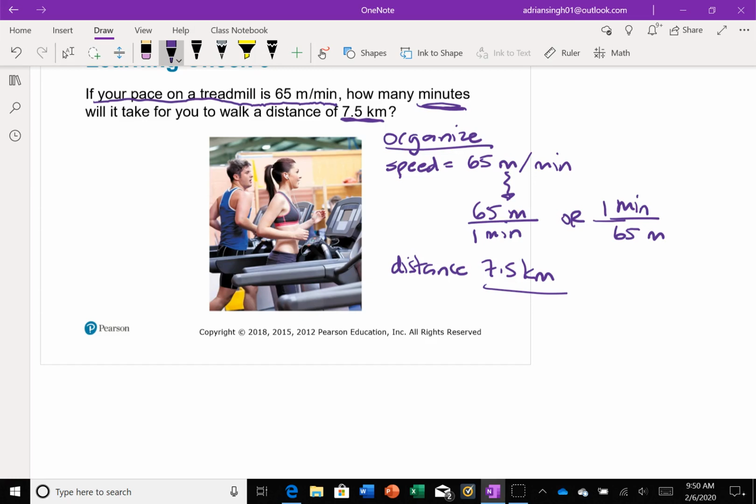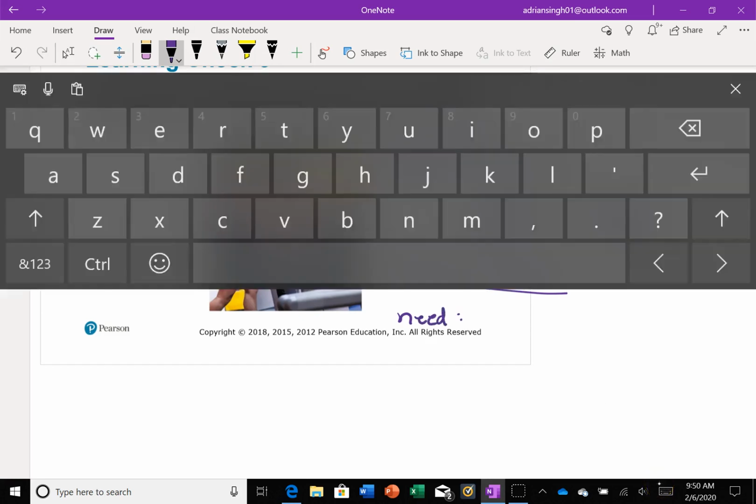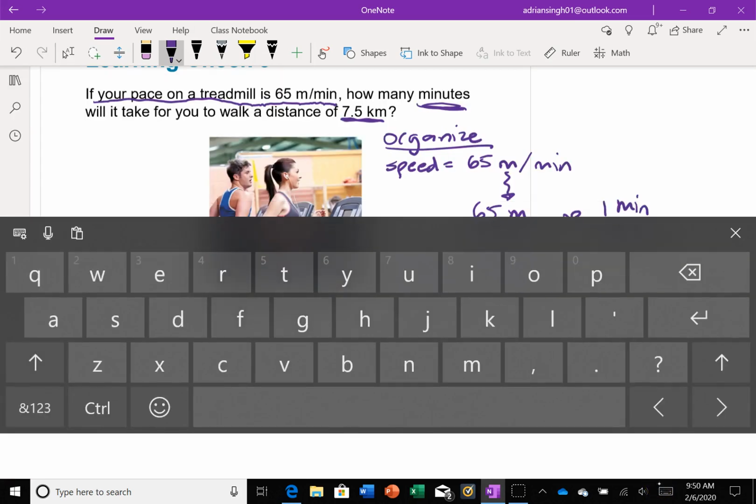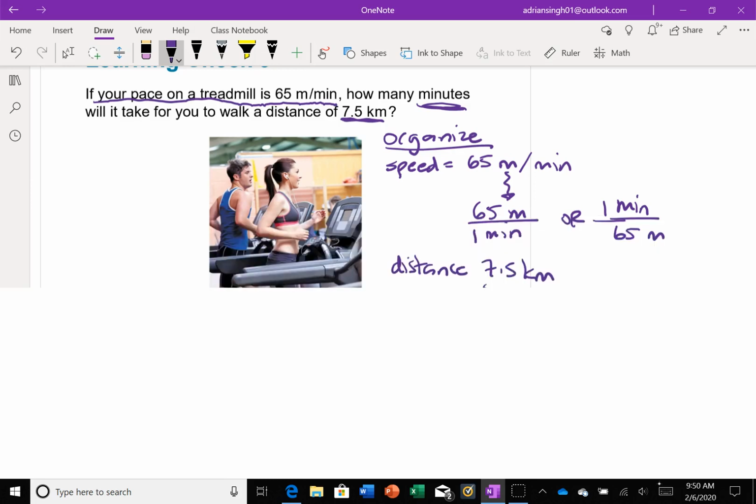So we may want to convert at some point our kilometers into meters. And what we need here is our minutes as our final answer.